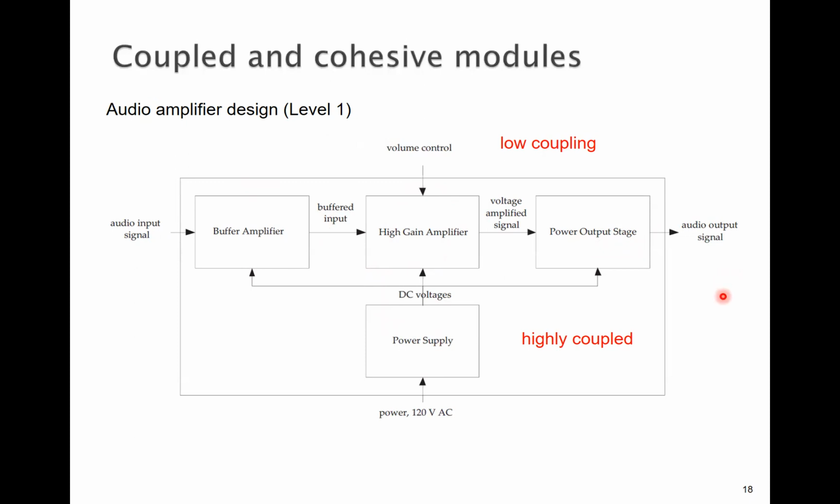So here you can see that the buffer amplifier has just one input, which might affect the functionality of this amplifier, and it's connected to the high gain amplifier. So as long as this is powered by the power supply, we can say that the buffer amplifier has low coupling, not much dependent on the other modules.